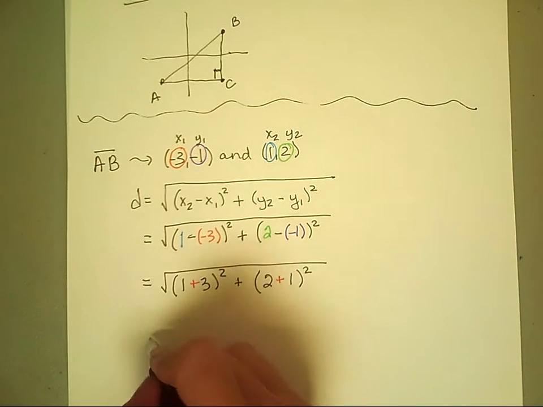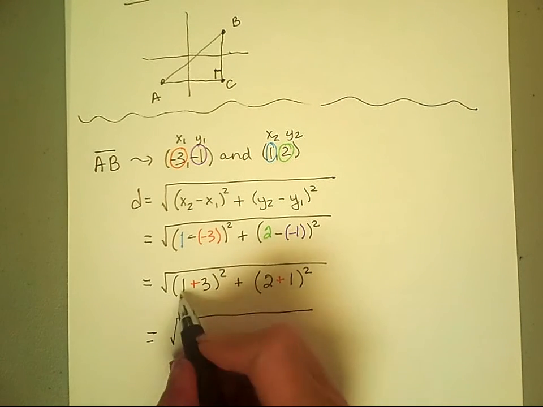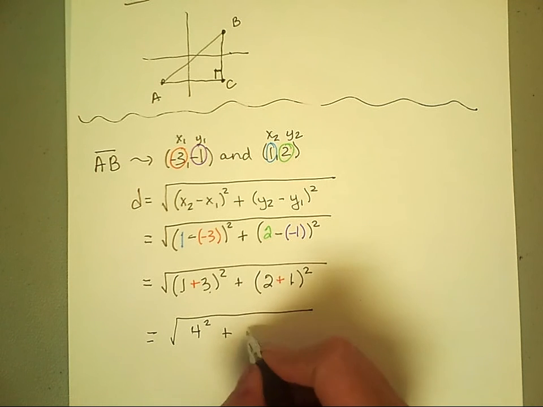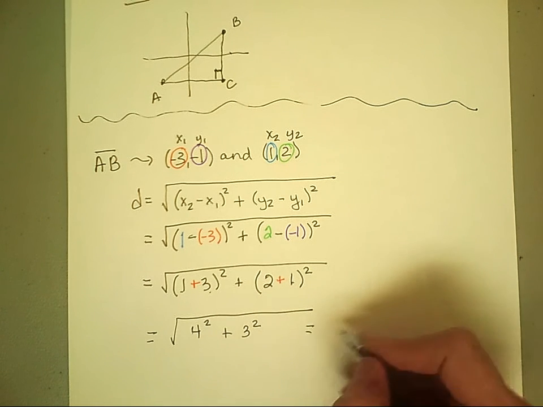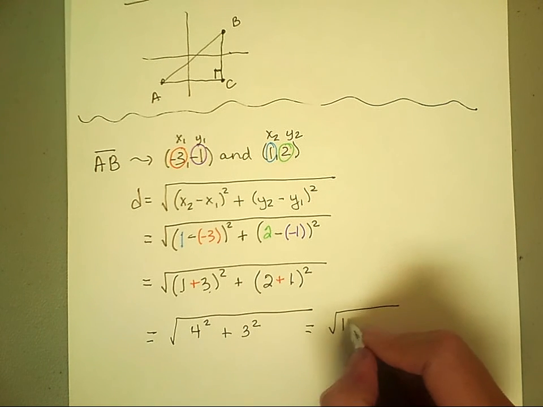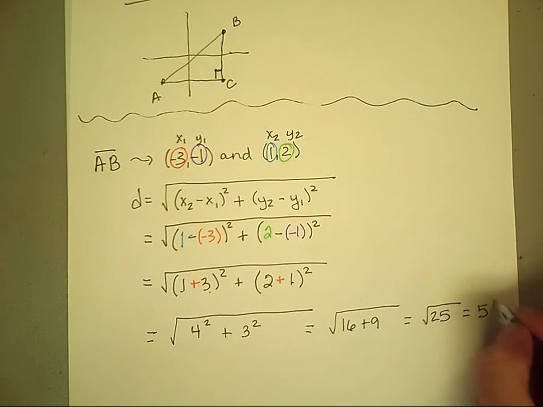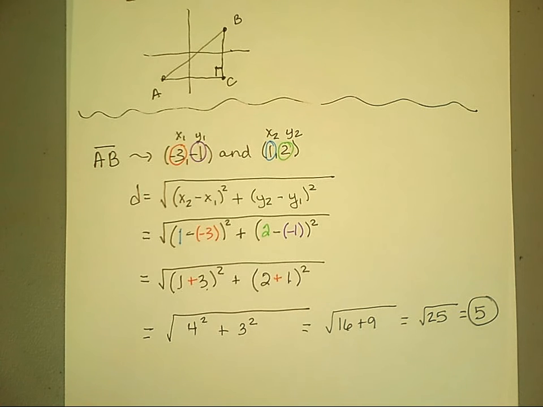So this is equal to the square root of 1 plus 3 is 4 squared, 3 plus 1 is 3 squared, which is the square root of 16 plus 9, which is equal to the square root of 25, which is equal to 5. Okay, so now we know the distance between A and B.